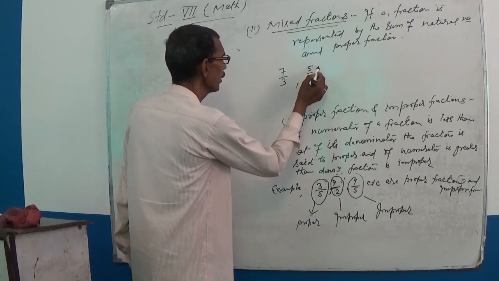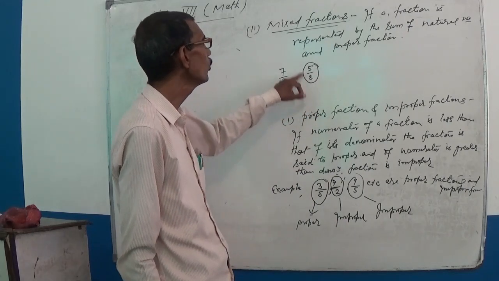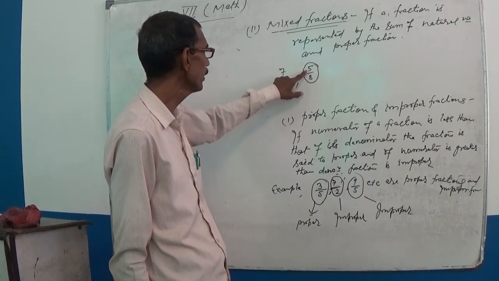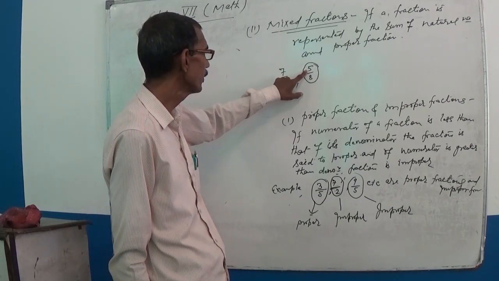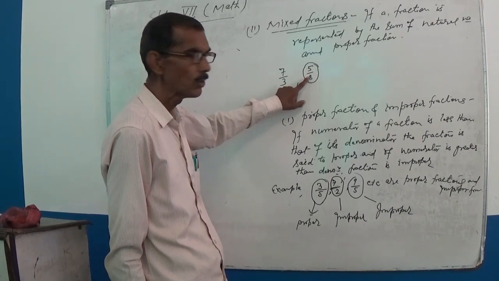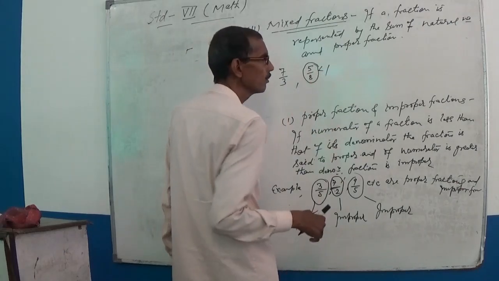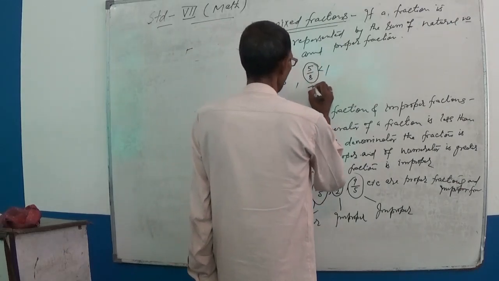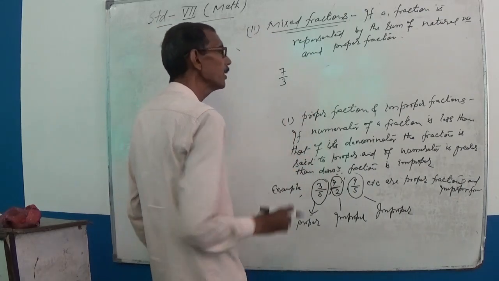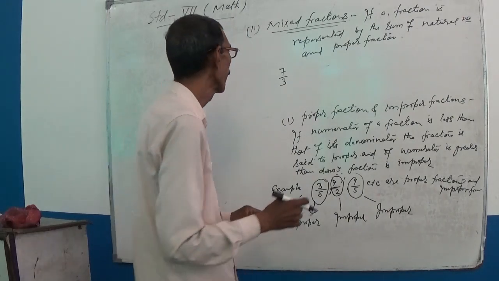You cannot reduce 5 by 8 into a mixed fraction because the numerator of this fraction is less than the denominator. So the value of this fraction is always less than 1. So you can change only an improper fraction into a mixed fraction.